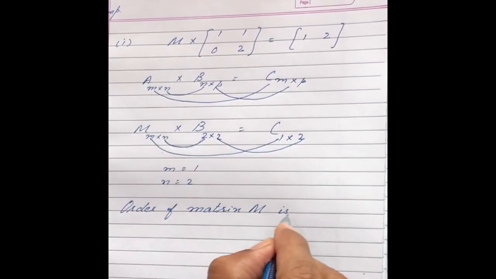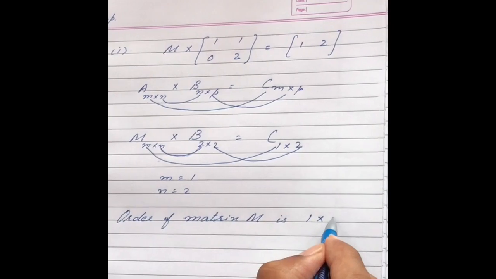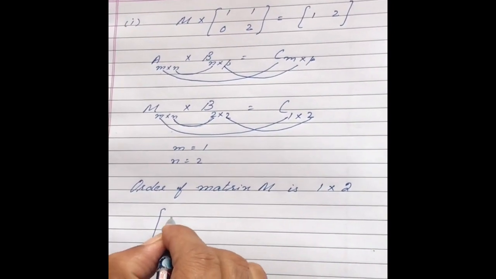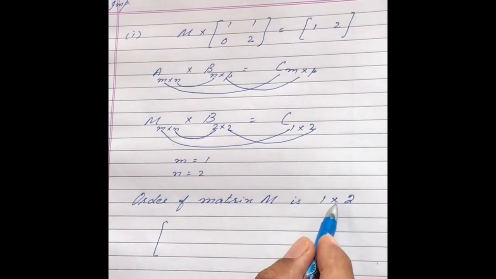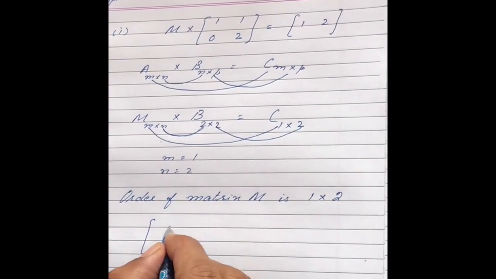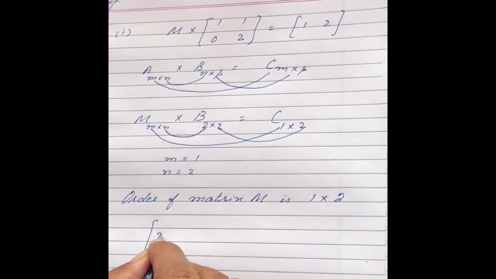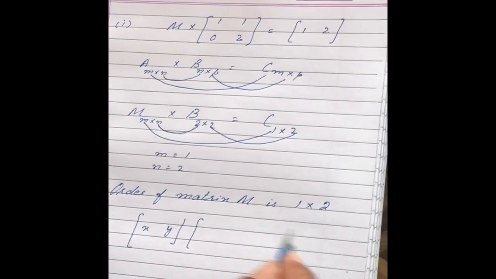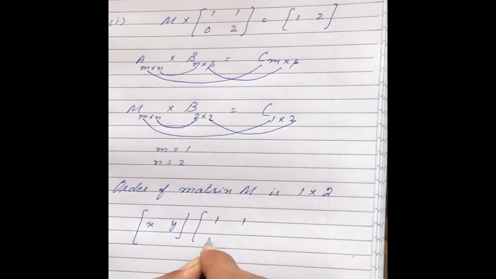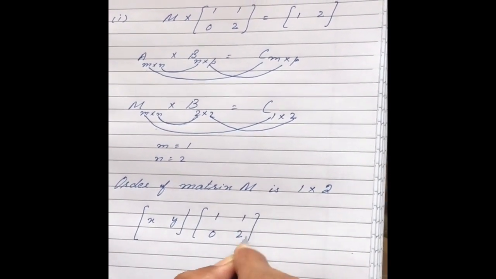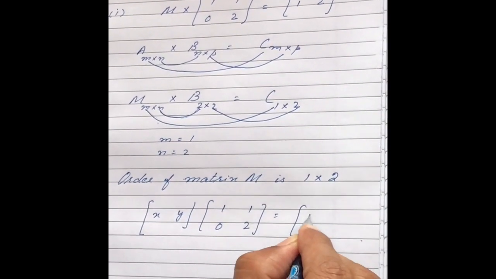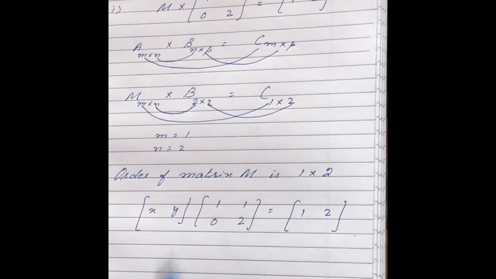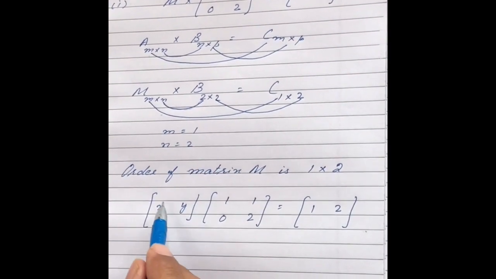The value of m is 1, the value of n is 2. So M will have one row and two columns. So let M be [x y] into [1, 1; 0, 2] is equal to [1, 2]. So matrix M will be 1:2, 1 row, 2 columns.